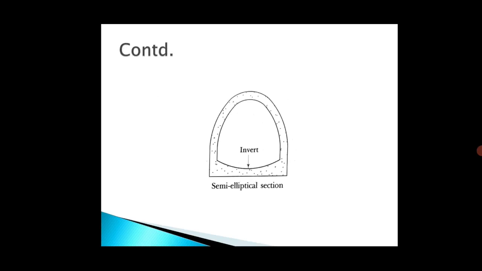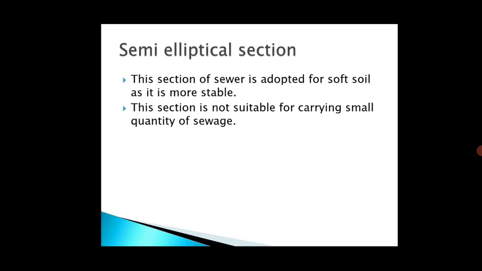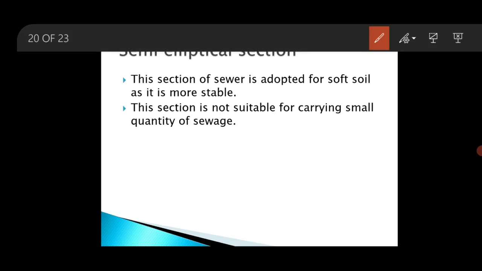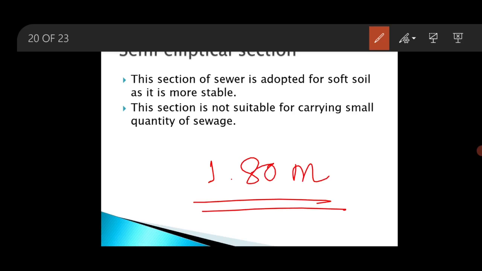Semi-elliptical section is adopted for soft soil as it is more stable, and this section is not suitable for carrying small quantities of sewage, and it is generally adopted for sewers having diameter greater than 1.80 meter. Okay.